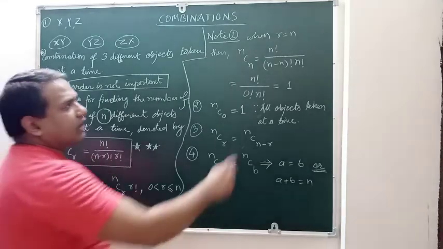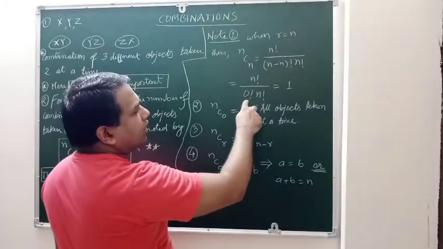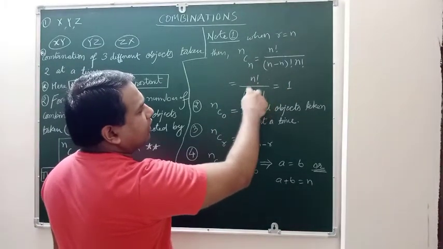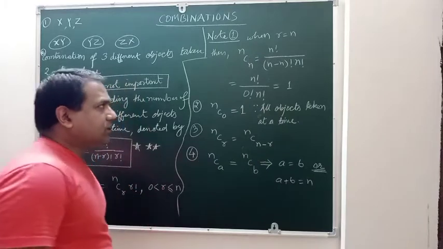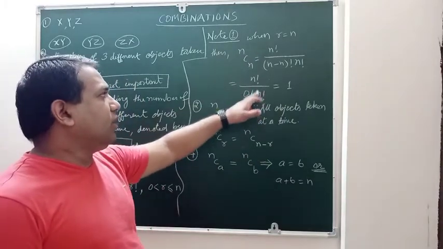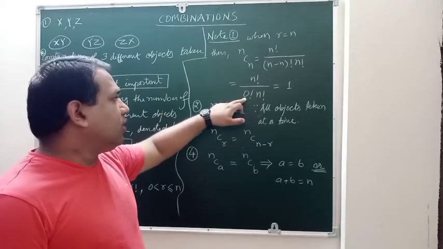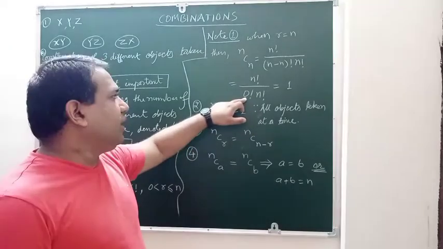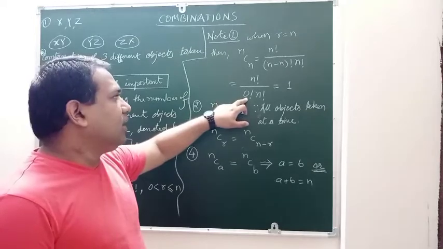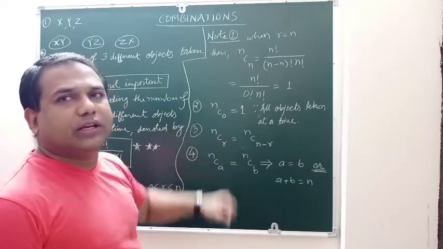Then n minus n is 0 factorial, which is equal to 1, as n factorial and n factorial cancel each other. We saw in the last video lecture that 0 factorial is equal to 1.